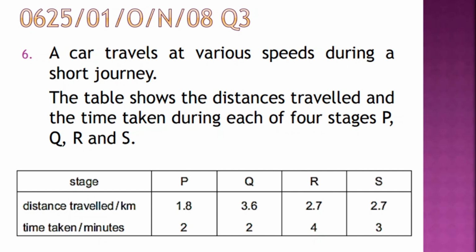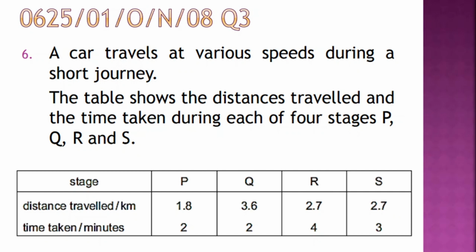Dividing 2.7 by 4, your answer will be 0.625 kilometer per minute. Then for the stage S, total distance 2.7 divided by 3 is 0.9 kilometer per hour.